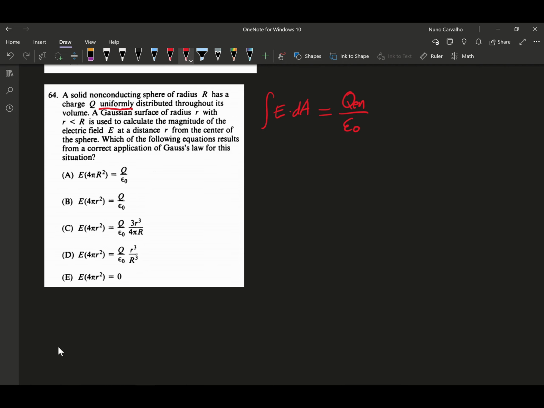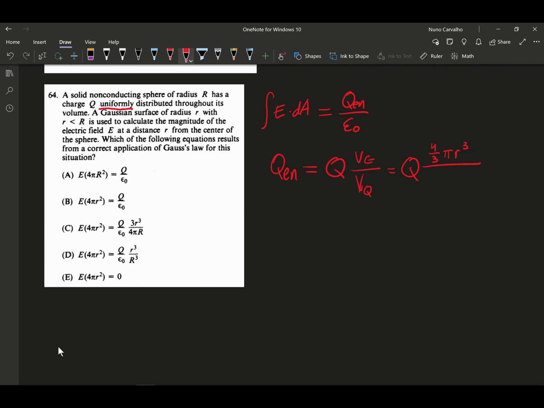So that's to say that Q enclosed is going to be Q times the volume of the Gaussian surface over the volume of the charged sphere, which is to say this is going to be 4 over 3 times pi times little r cubed. Okay, so the Gaussian surface is sort of our imaginary surface here.